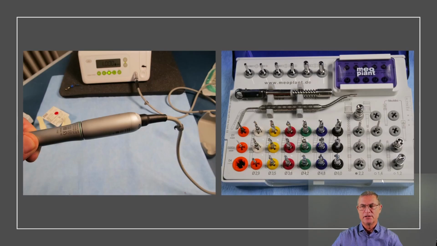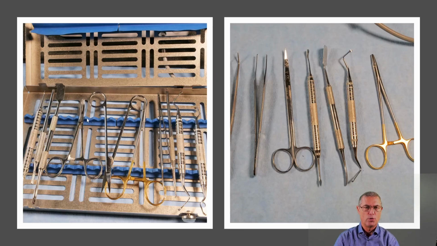And of course, you see on the left side this implant machine and contra angle. What I said at the beginning, you don't need that much instruments. I only use 2 forceps, 1 scissor, the waiter, something to suture, and that's not much.